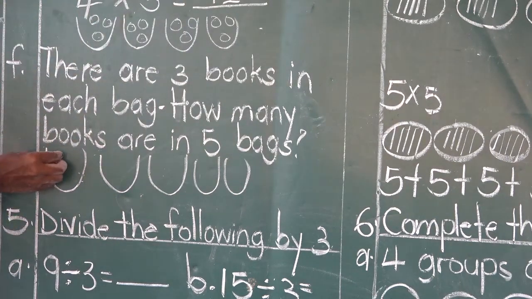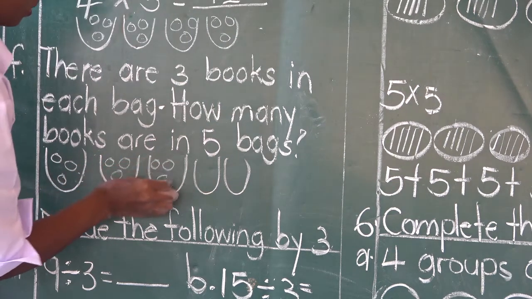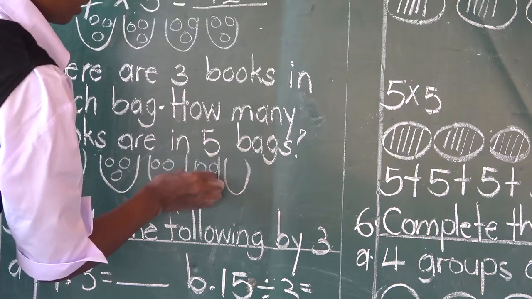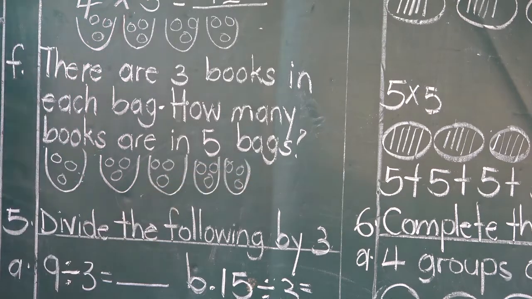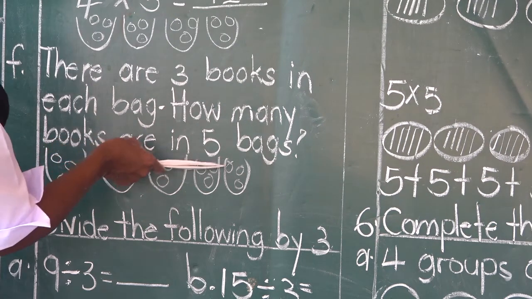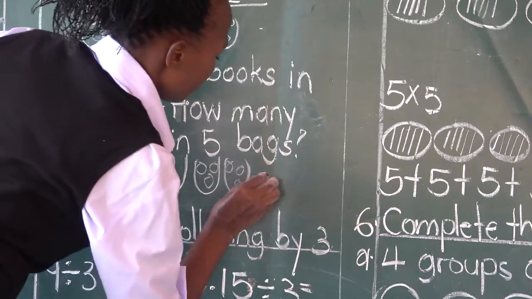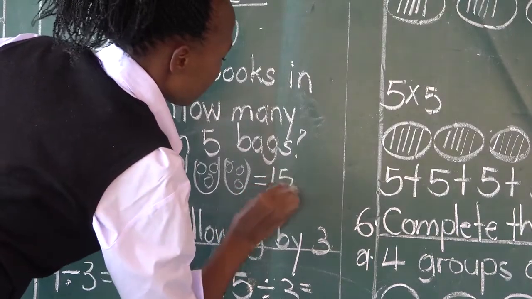These are going to be our books: 1, 2, 3 in each bag. Now you put them together and see how many books are in 5 bags: 1, 2, 3, 4, 5, 6, 7, 8, 9, 10, 11, 12, 13, 14, 15. We shall have 15 books.